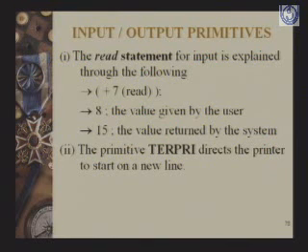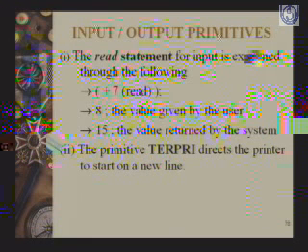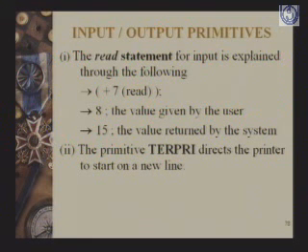Once the read is encountered, the computer system waits for an input from the user, and suppose at that time the user gives the value 8. After reading the value 8, the system will execute plus 7 and the value 8 given by the user, so the answer 15 will be given.